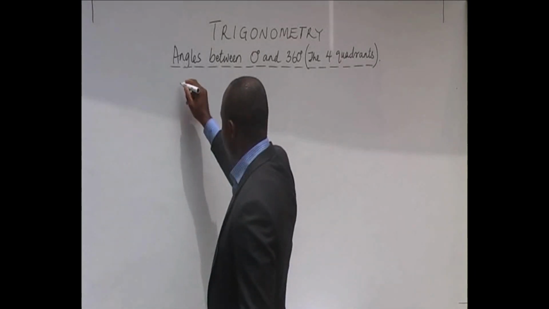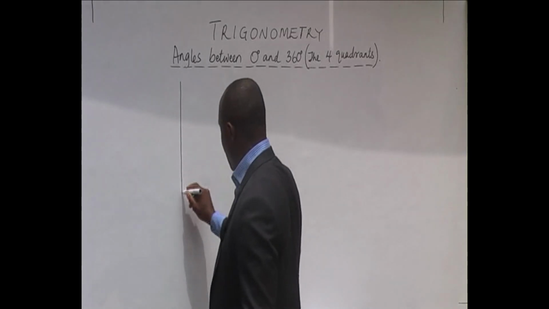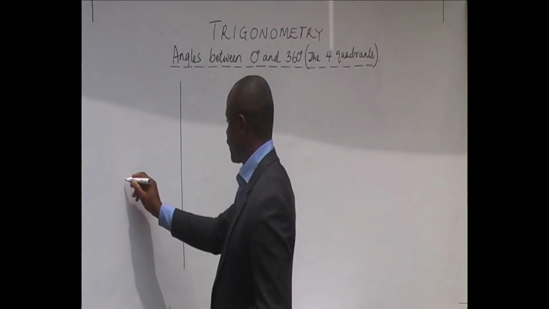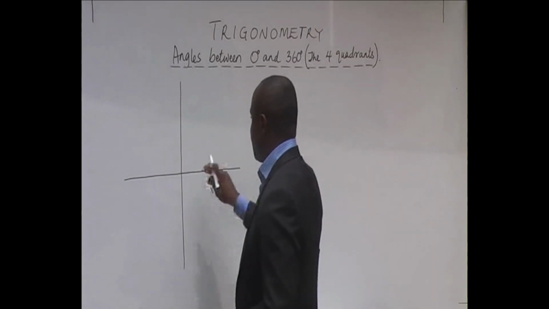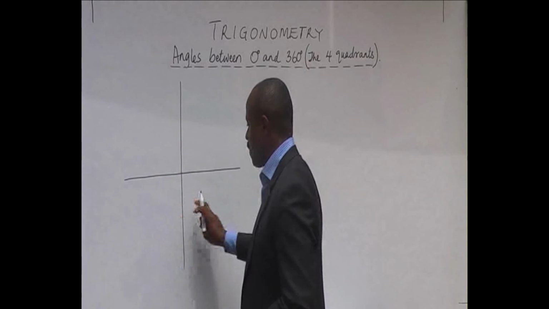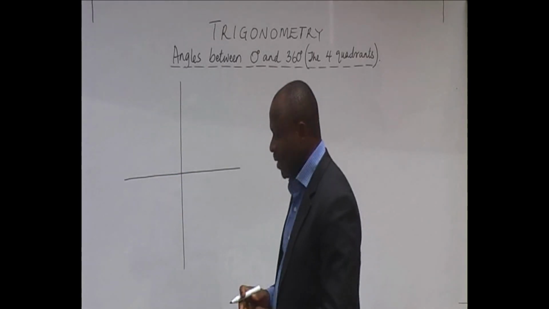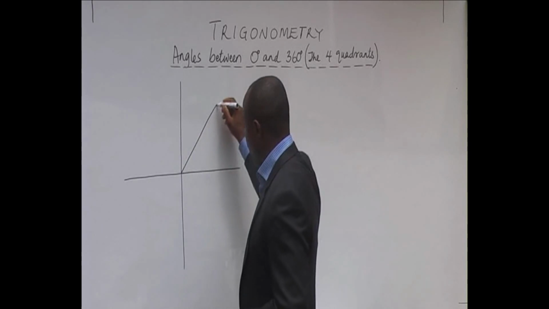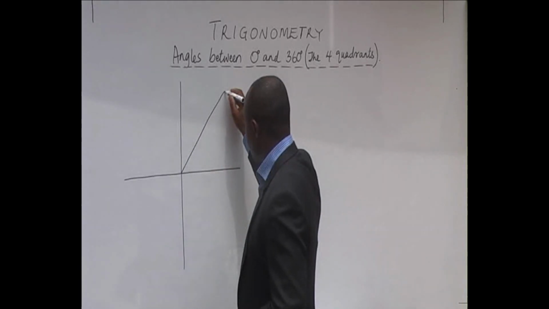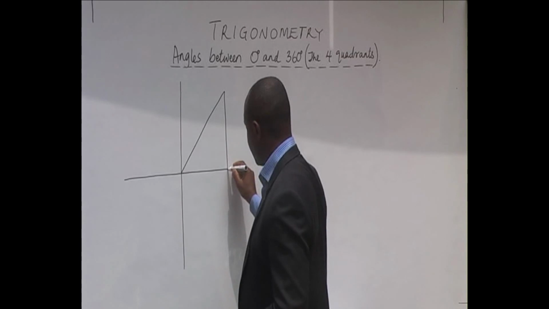For instance, this is our quadrant, and it is divided into 4 right angles. The first one, as we had before, has this angle as theta.